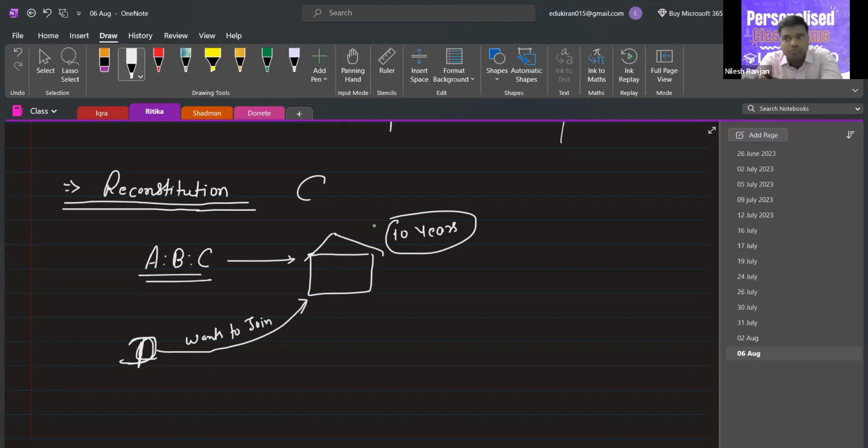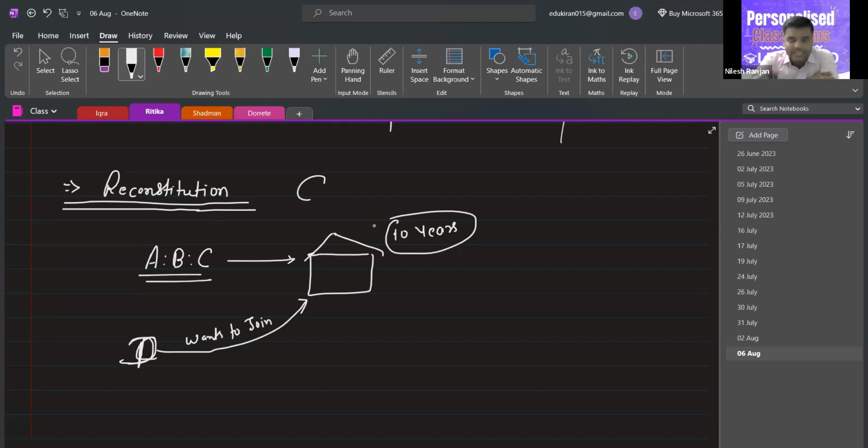He wants to join the partnership, so he will pay the required amount, not like this, that the value of the firm is 5 lakh and they ask him to bring 5 lakh into the firm. That is not good for D, because he will not get enough profit for this investment. So he will give only such amount which is required for A, B, and C, or a little bit extra.